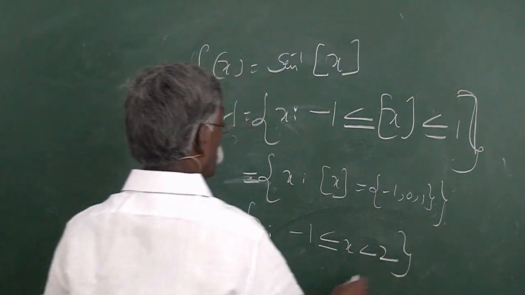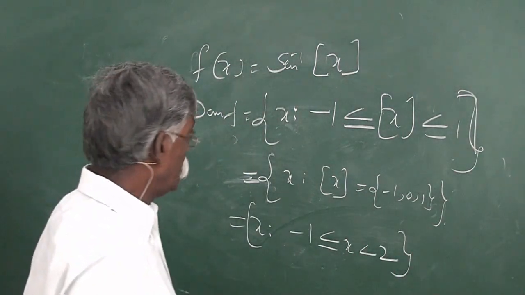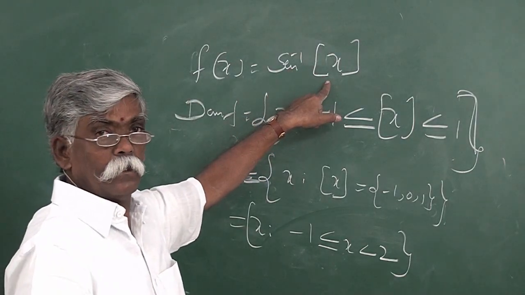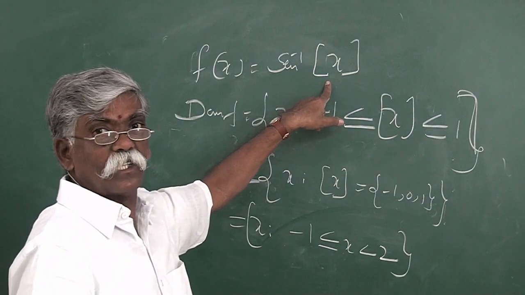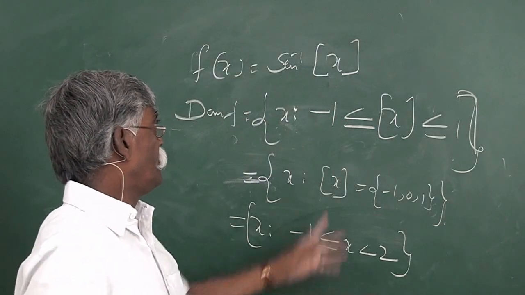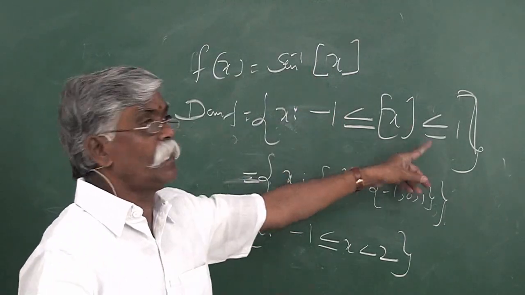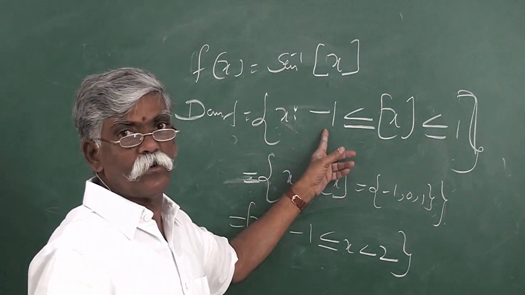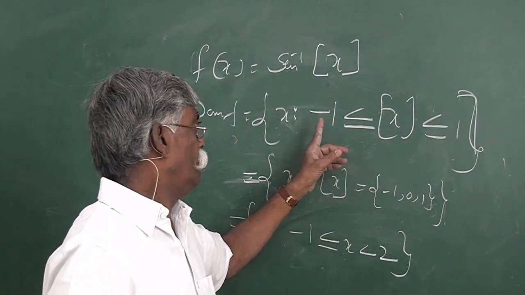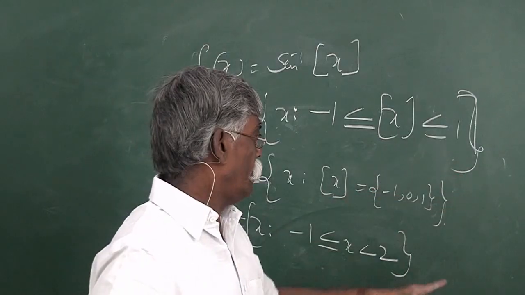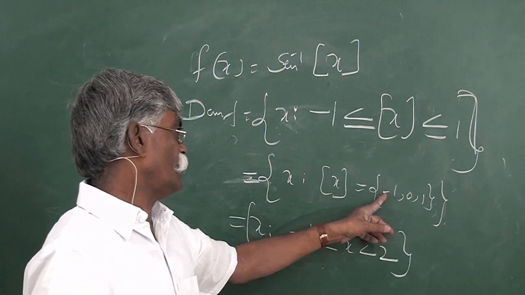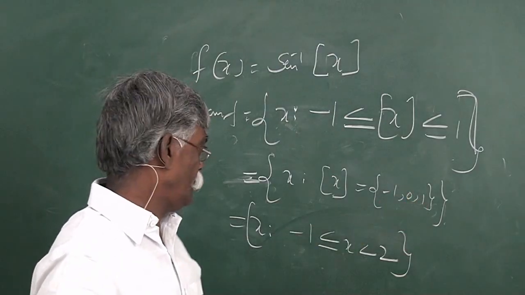Therefore, for sine inverse root x, the domain is minus 1 and 1. Therefore, this root x should be in between minus 1 and 1, and all the integral values between minus 1 and 1, or minus 1, 0, 1. Therefore, step x will be minus 1 or 0 or 1.